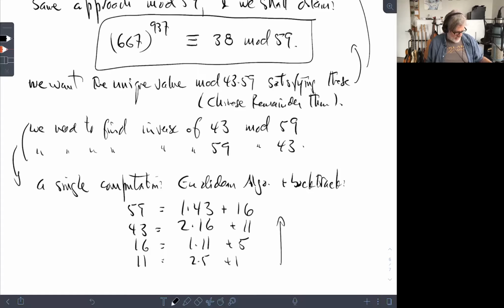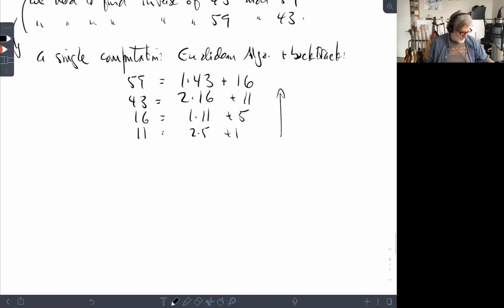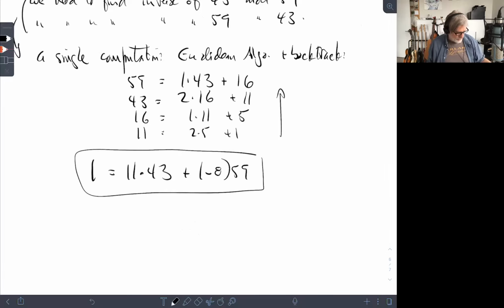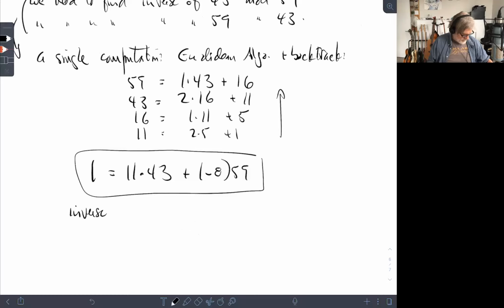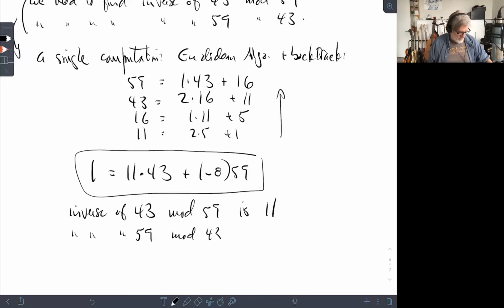Then you backtrack and you will find that 1 is 11 times 43 plus minus 8 times 59. So the inverse of 43 mod 59 is 11. And the inverse of 59 mod 43 is minus 8, right?